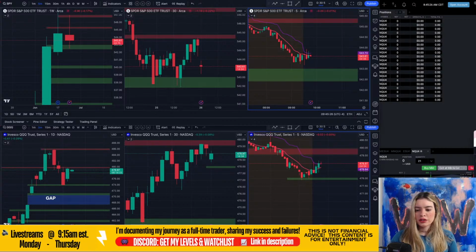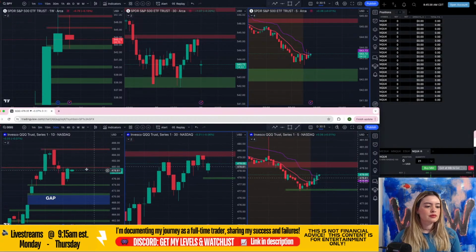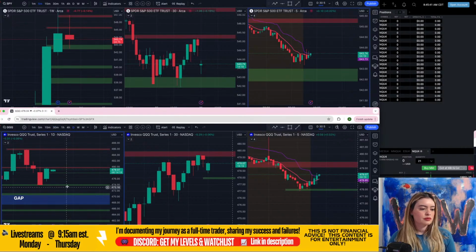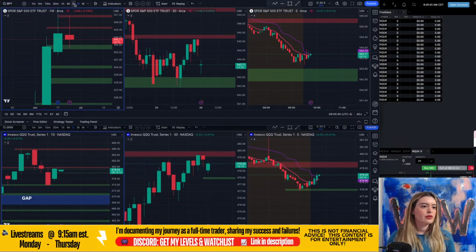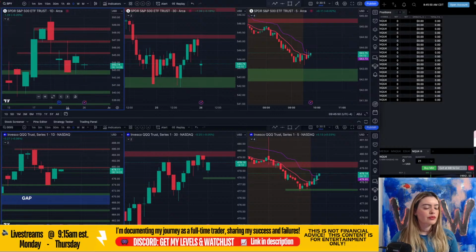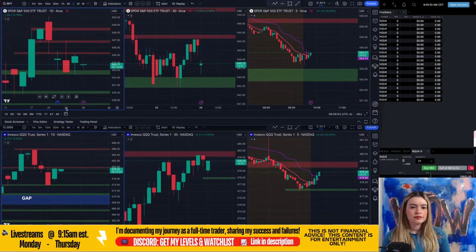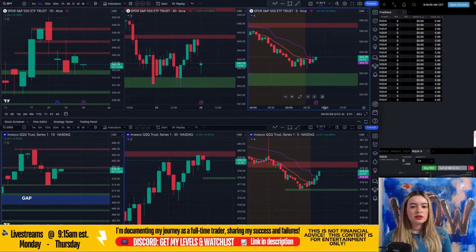What are you guys looking to trade today? If SPY breaks the VWAP and uses it as support, that's a good entry to go long.